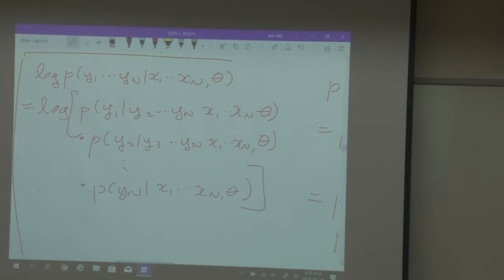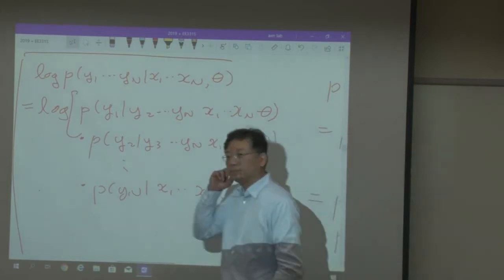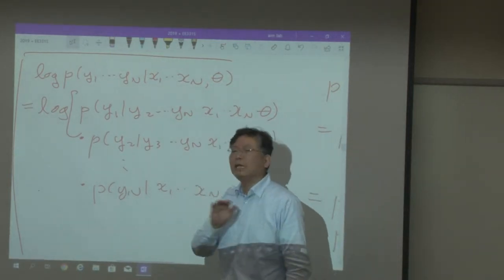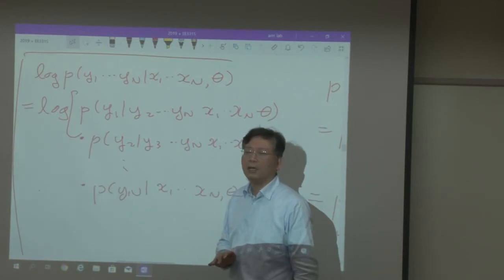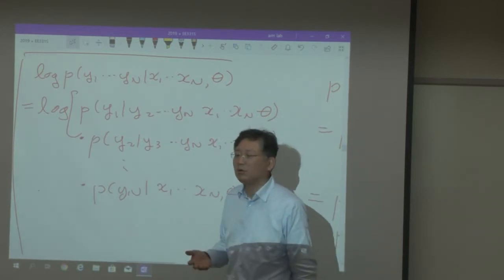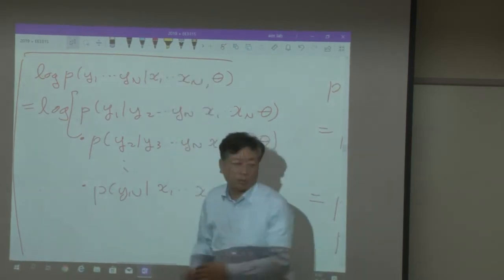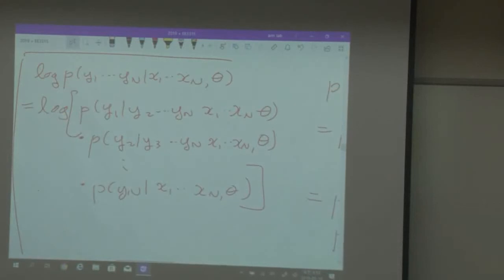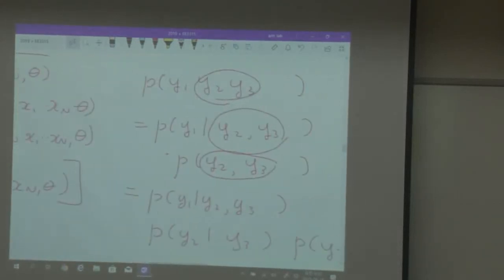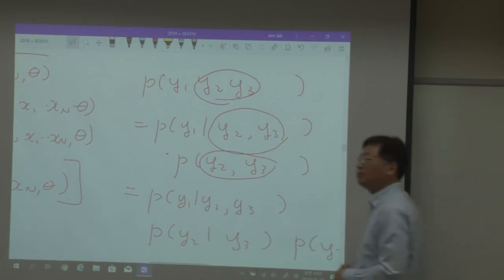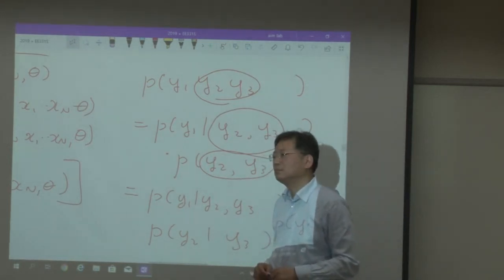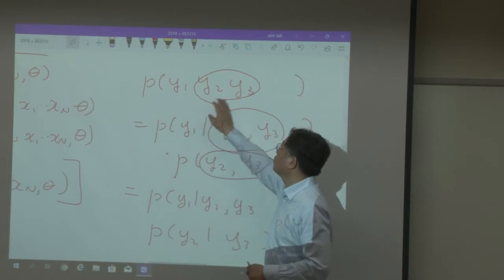Now let's look at here. I'm going into a lot of detail, so that's why I'm going slow. Ignore this now. From here, I did this. I left the space here. Now, y1, y2, y3.